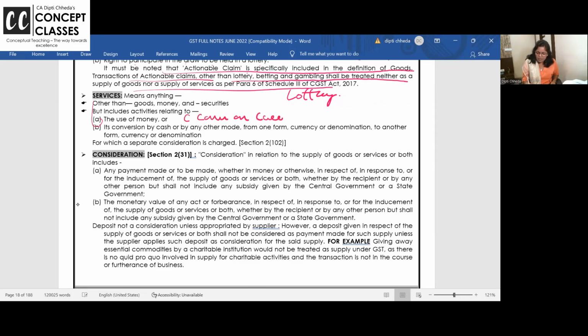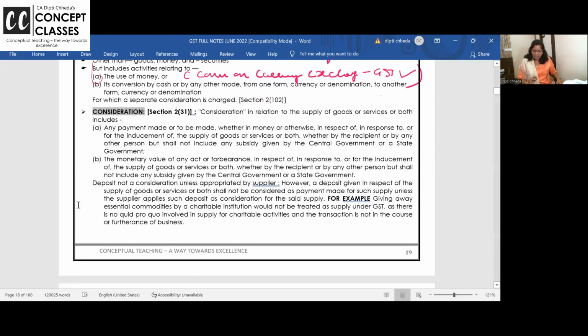Commission on currency exchange, GST, yes. For which a separate consideration is charged. The conversion by cash or any other mode from one form of currency to another, that's the same thing I'm saying. So services include everything.